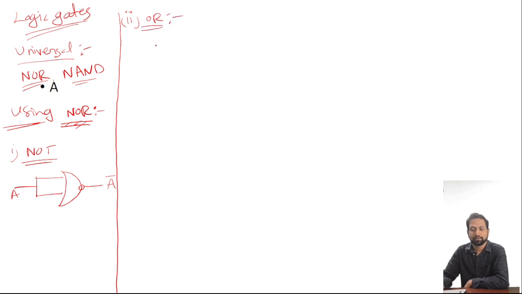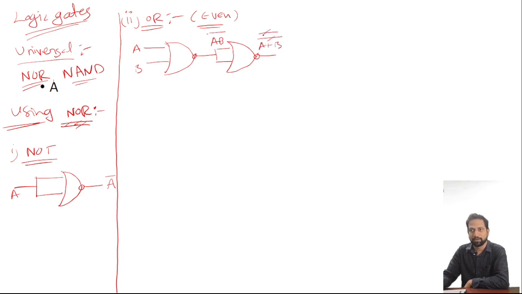Remember, an even number of NOR gates cascaded will give you the OR gate: A plus B whole bar, and again a bar cancels, so this is A plus B. I hope you got it. This is the OR gate. If you connect one more, it becomes odd, and odd means it is NOR again.